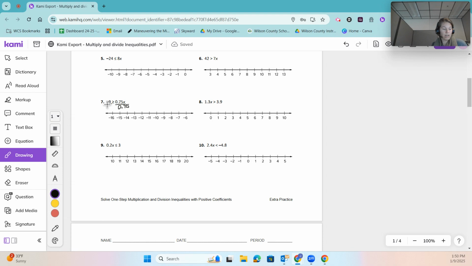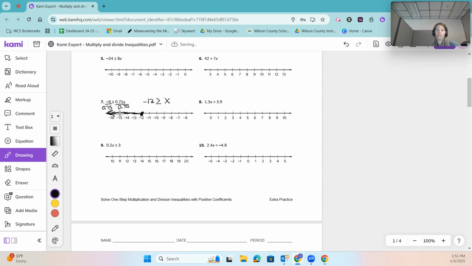Negative 9 divided by 0.75 gives you negative 12. So I have negative 12 is greater than or equal to x. I have a closed circle at negative 12, and the arrow goes toward numbers that negative 12 is greater than, like negative 13, negative 15, negative 16.